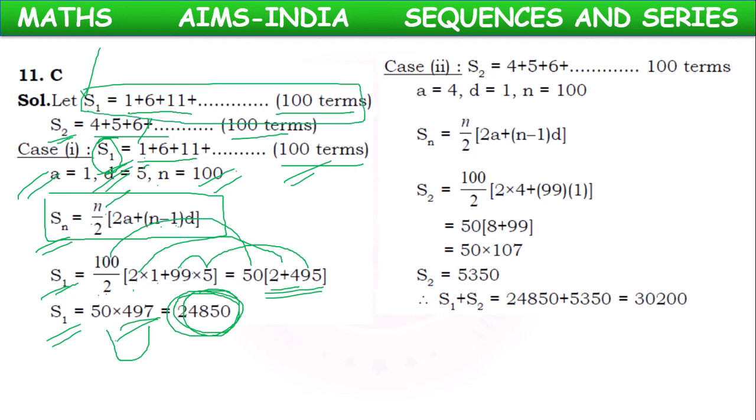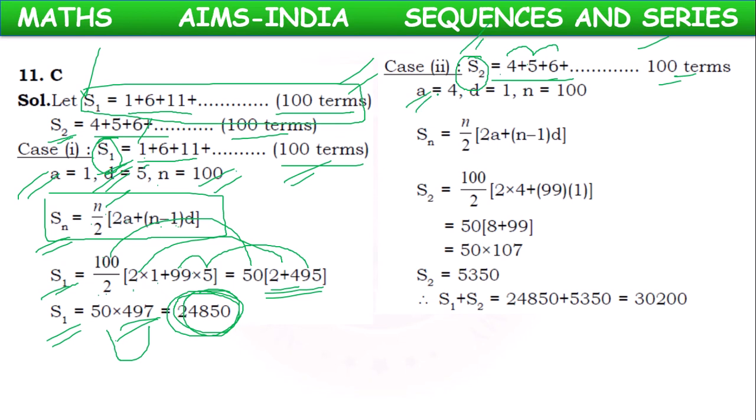In case 2, the sum of even number of terms 4, 5, 6 up to 100 terms we take as S2.